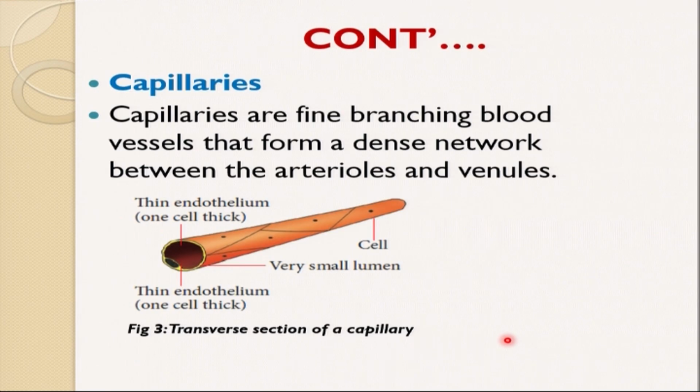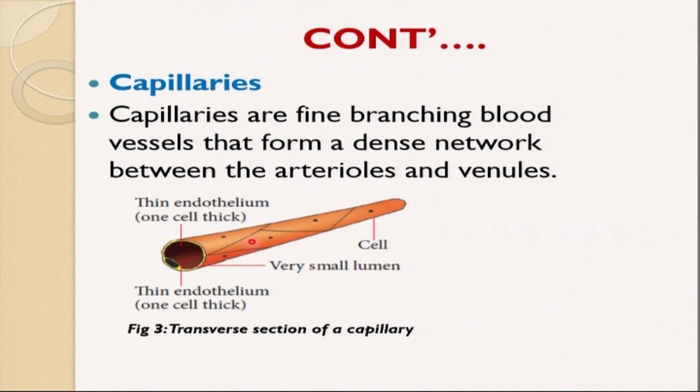Capillaries are, as I mentioned earlier, really small. They are very important in the exchange of nutrients and oxygen, and also in removing waste products from the body. Capillaries are fine branches of blood vessels that form a dense network between arterioles and venules. Let's look at the diagram.